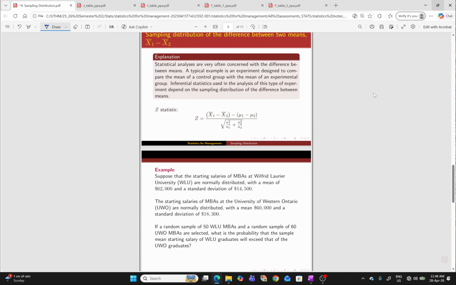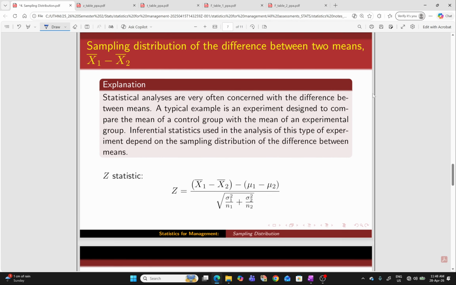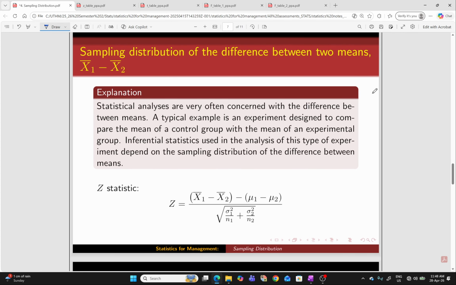Okay, kalau nak salin yang formula ni. Formula ini saja.